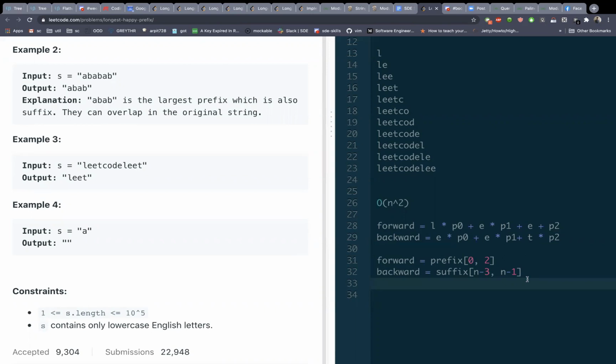So basically, for all the strings of length 1 to total length minus 1, at any length, we have to calculate that many characters in the forward from the starting, and that many characters from the ending, and the hash of those characters. Because we have to check whether prefix equals suffix or not, and if they are equal, then they must have the same length, right? So for any prefix, you will check the same number of characters from backward.